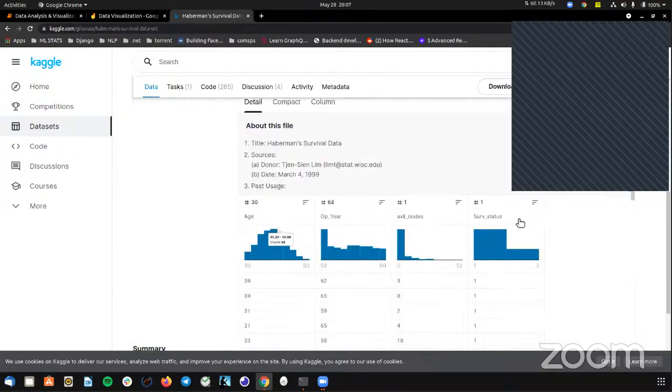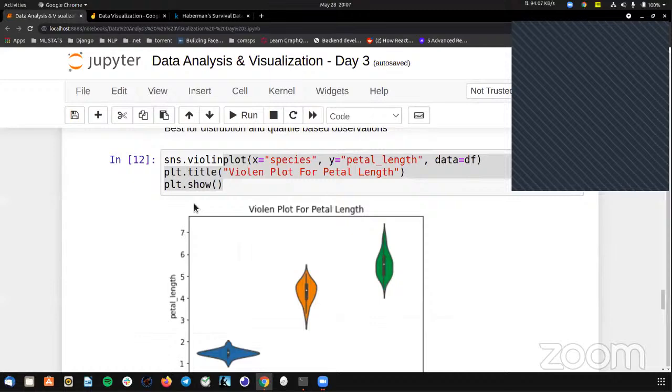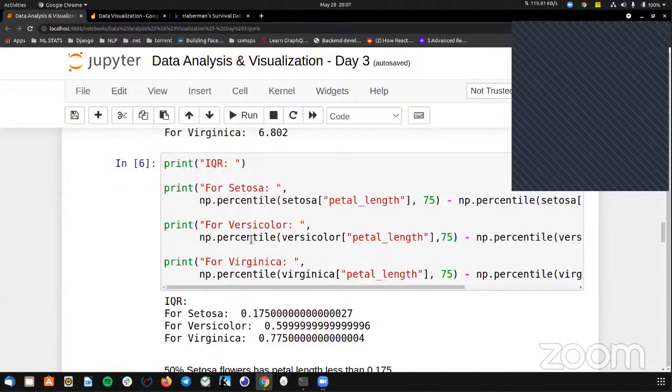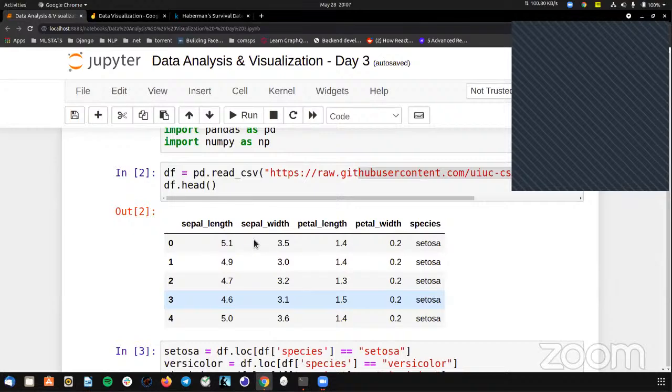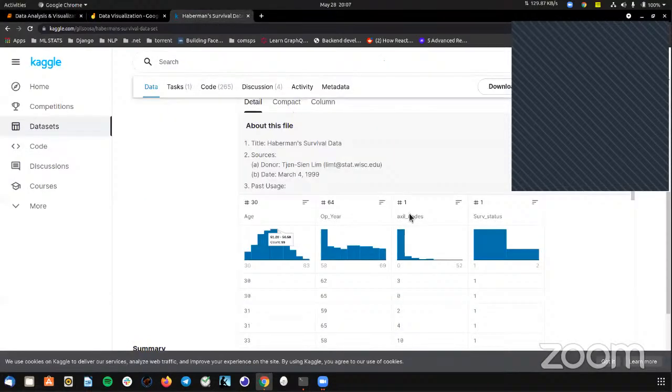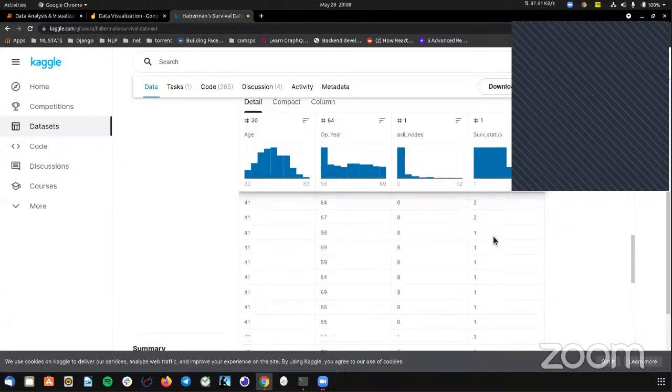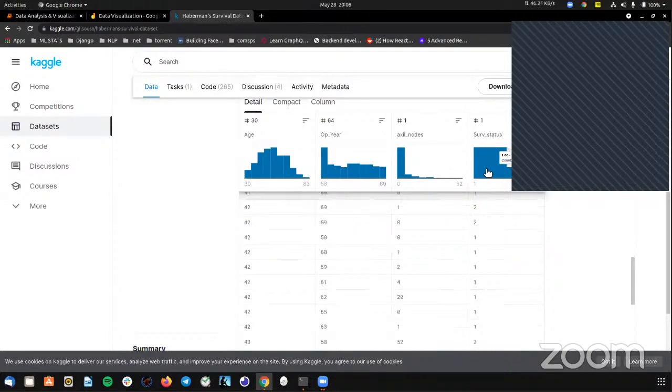Instead of species of flowers like setosa, versicolor, and virginica, we have here survival status. Try to understand this. You can see the count here, 224 for 1 and 81 for 2. Try to make it much more intuitive according to you.